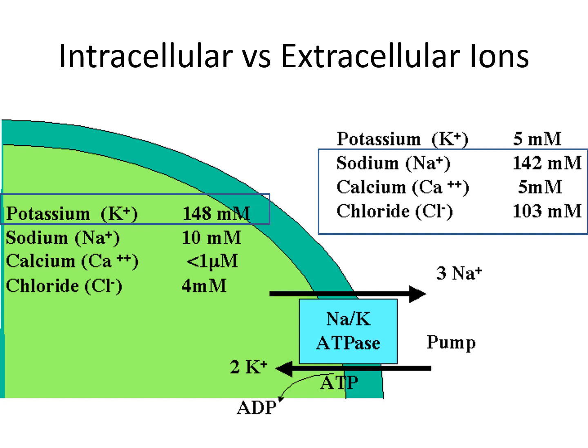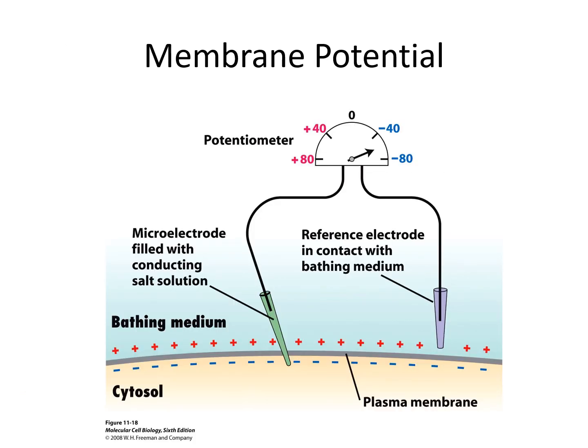That builds the foundation of the membrane potential, because that uneven positive ion movement, 2 inside, 3 out of the cell, makes the intracellular more negative. So the second consequence is a negative membrane potential.